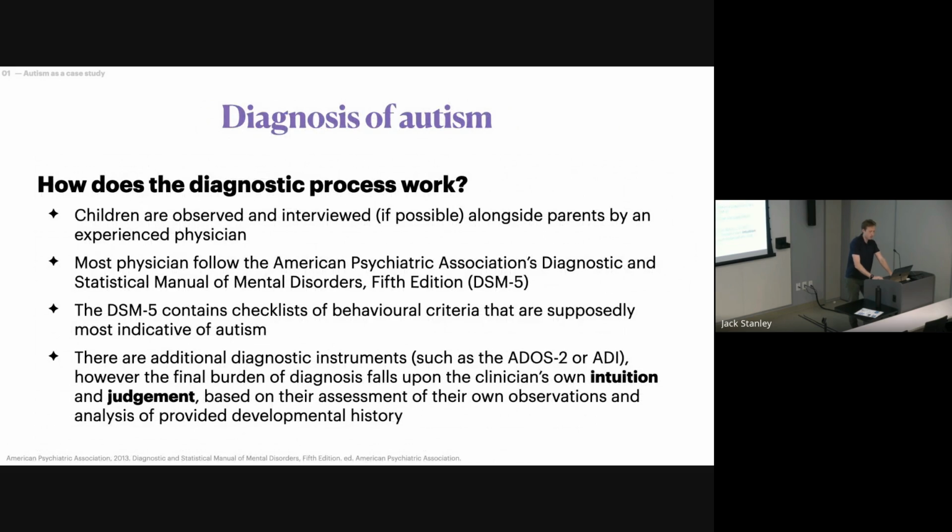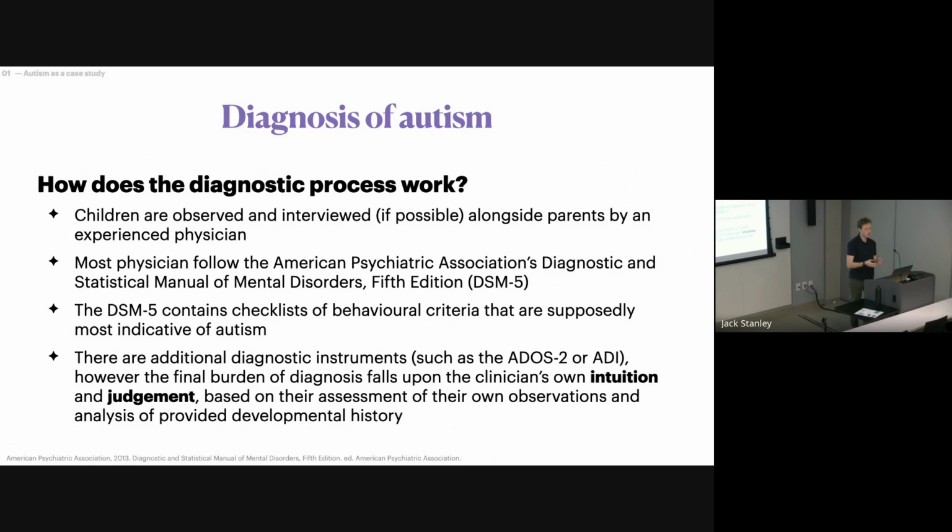So how does this diagnostic process actually work? First, children are usually observed and interviewed, if possible, because they may be nonverbal or might be too young to have speech. And this is usually done alongside parents, by an experienced physician.